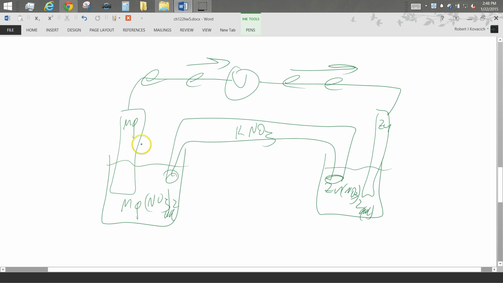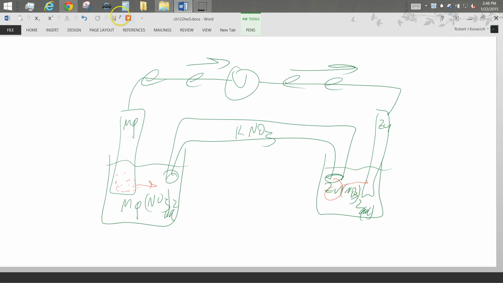So these magnesiums here are going to leave this bar and turn into magnesium ion going into solution. These zinc ions are going to go and attach themselves to this bar.